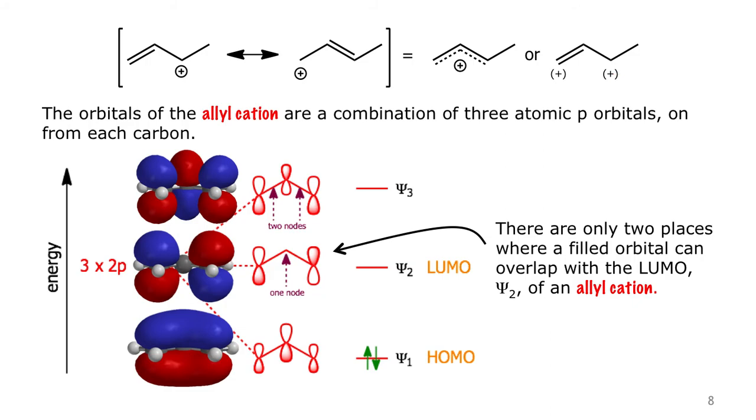But a more sophisticated look at this actually calculates the molecular orbitals of this cation. When one calculates the molecular orbitals of an allyl cation, we find that there is true delocalization of electrons along that 3-carbon unit.